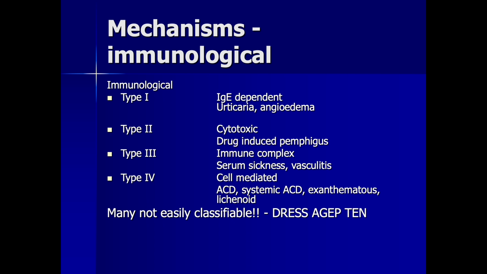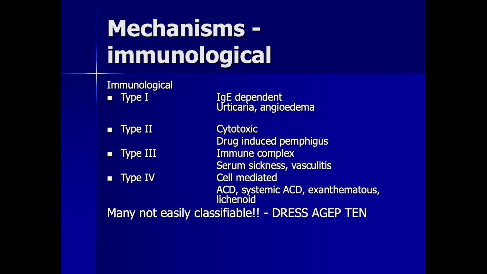But we also see systemic allergic contact dermatitis. So this is somebody who's possibly been sensitized topically, but when they take a drug systemically, they get a generalized allergic contact dermatitis. It's possible that some exanthematous and lichenoid reactions are type 4.